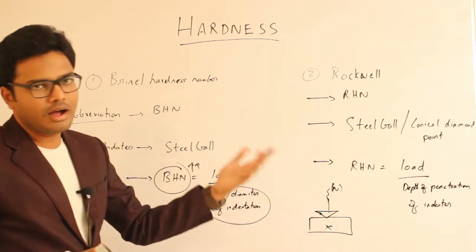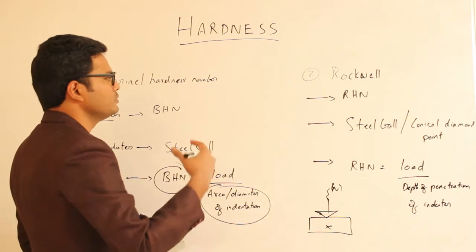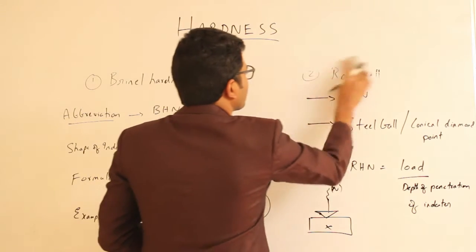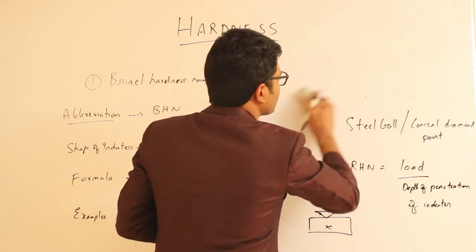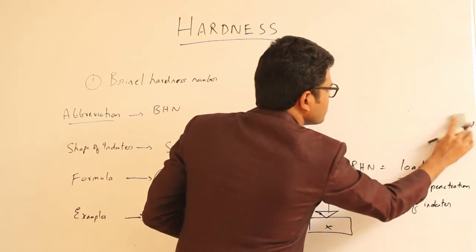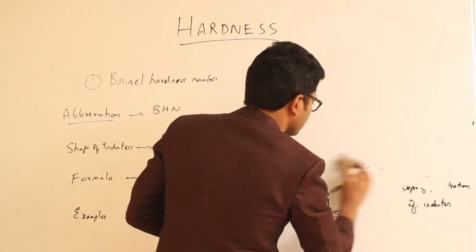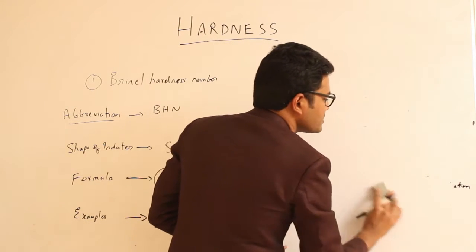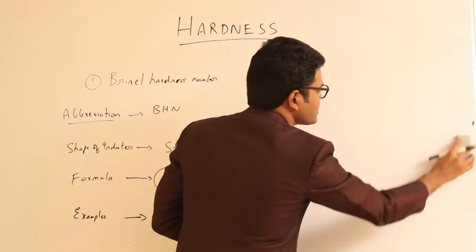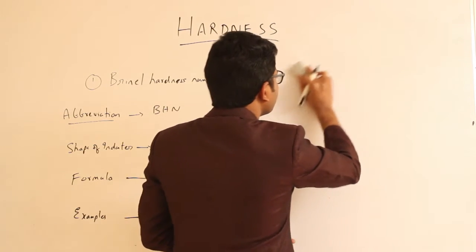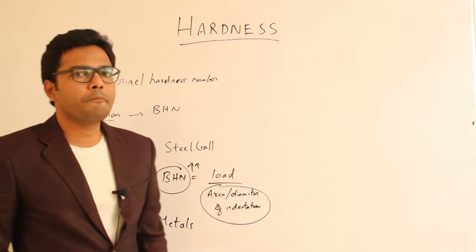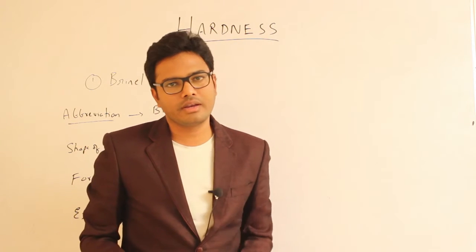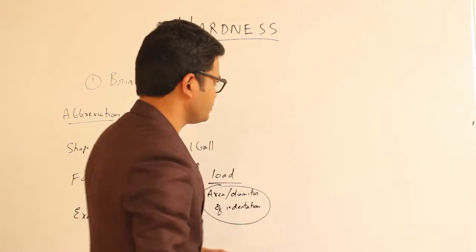Now moving on to the other hardness tests, that is Vickers hardness and Knoop hardness. Both Vickers hardness and Knoop hardness come under microhardness tests. As I discussed earlier, Vickers hardness and Knoop employ a load of less than 9.8 Newton, and the depth of penetration of the indenter is less than 19 microns.